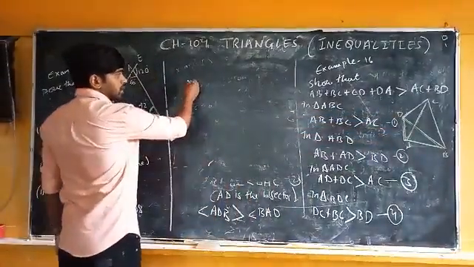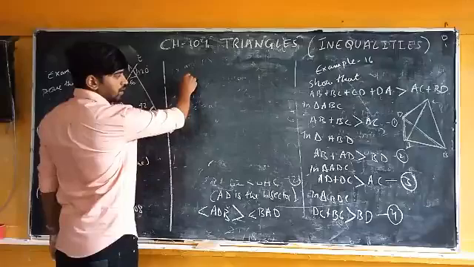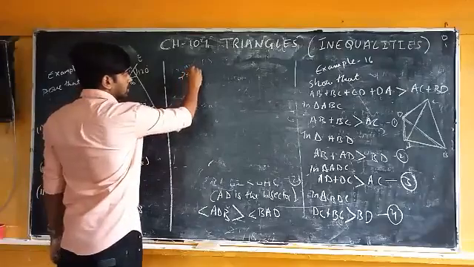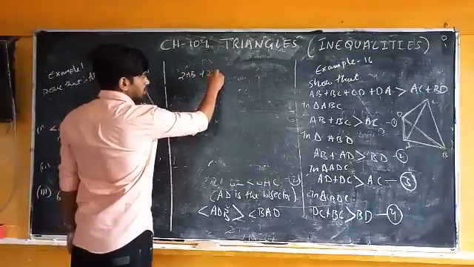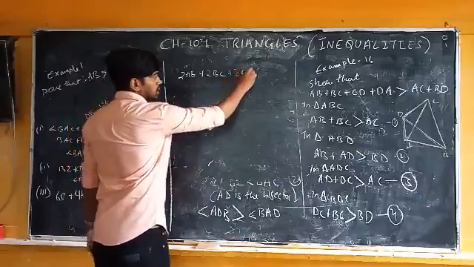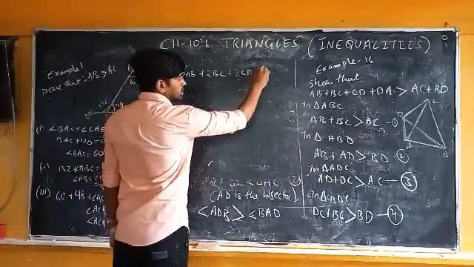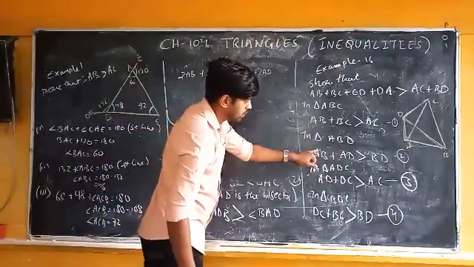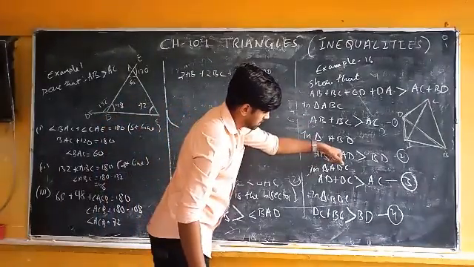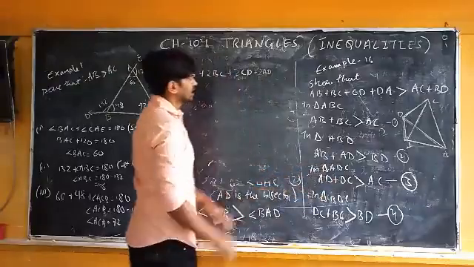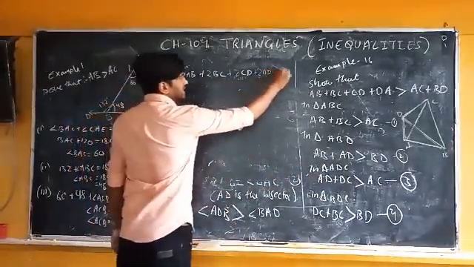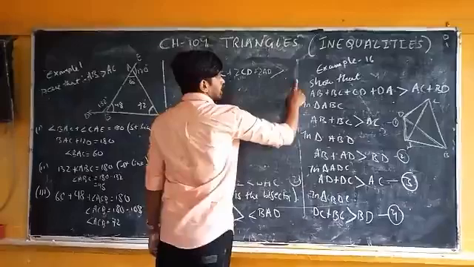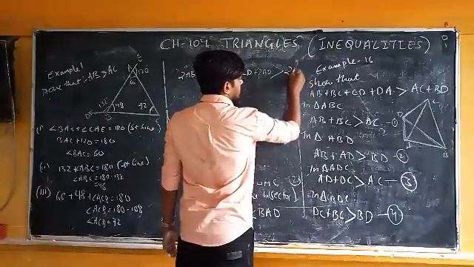So what I'm getting is 2AB plus 2BC plus 2CD plus 2AD. This is what I'm getting. See, AB and AB is 2AB, AD and AD is 2AD. Okay, so like this I'll be getting 2AB, and then greater than what I'll be getting 2AC.